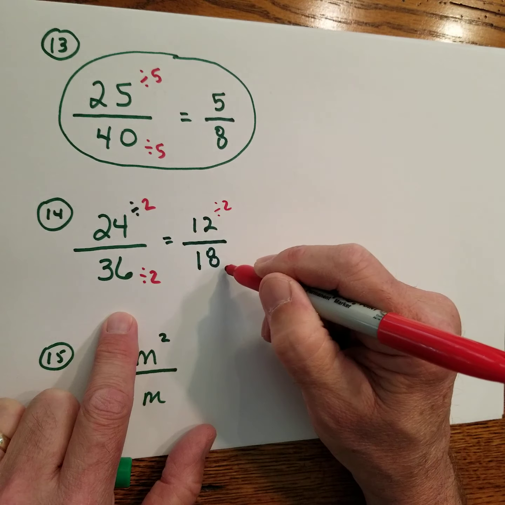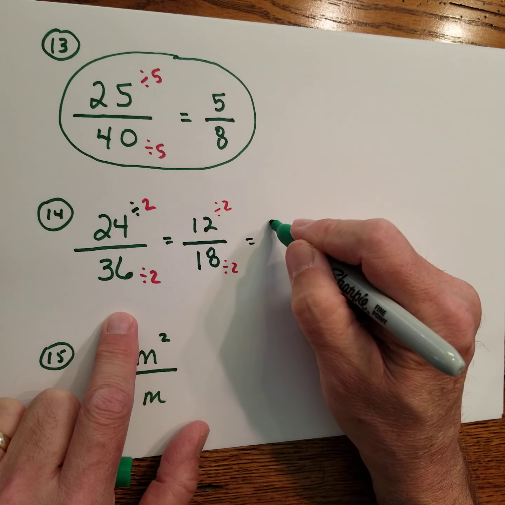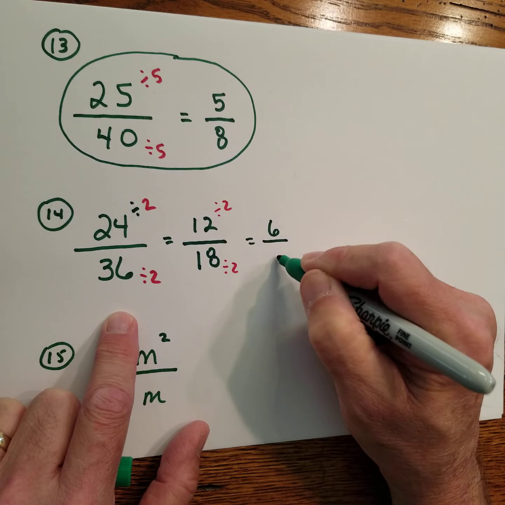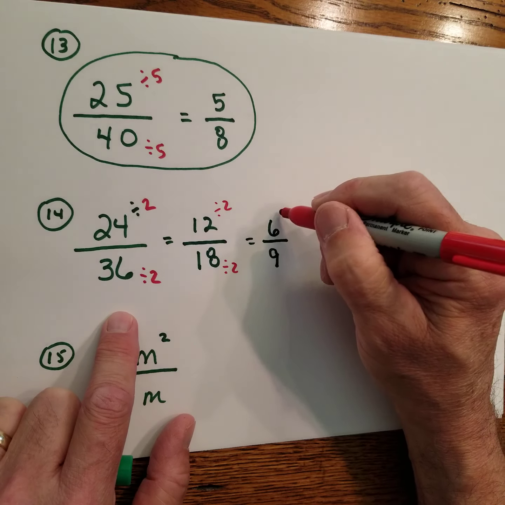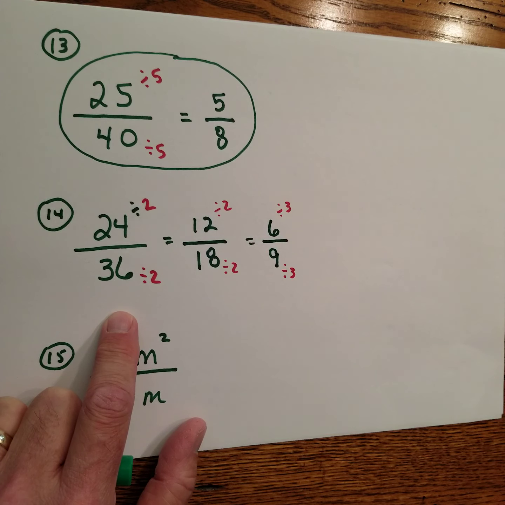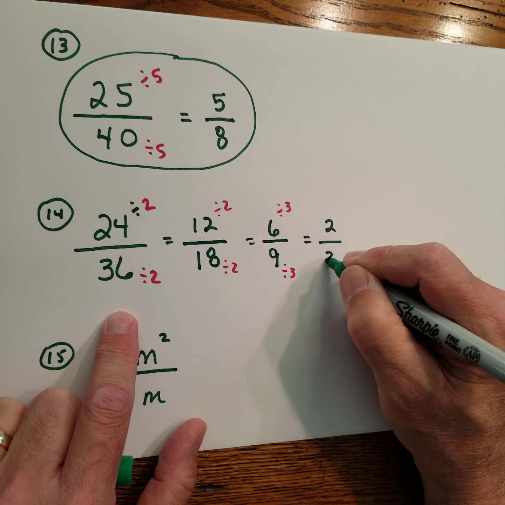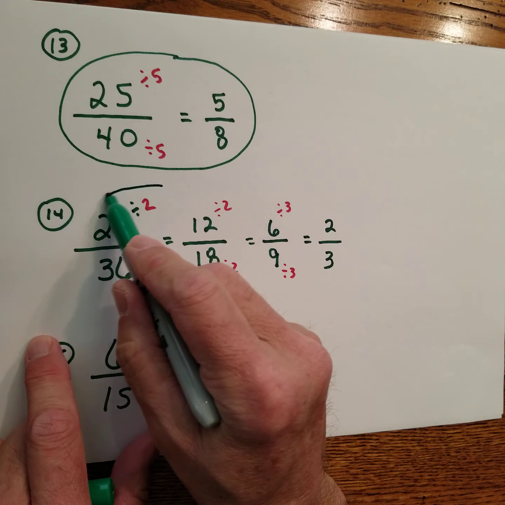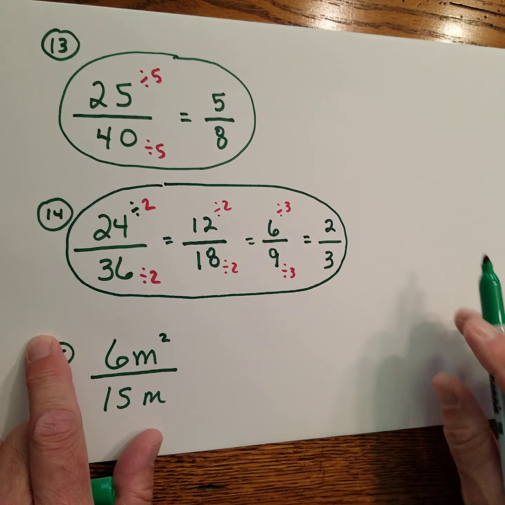I could divide those both by 2. 12 divided by 2 is 6. 18 divided by 2 is 9. 6 and 9 are both divisible by 3. This is a lot of steps. 6 divided by 3 and 9 divided by 3. 24 over 36 reduces all the way down to 2/3.